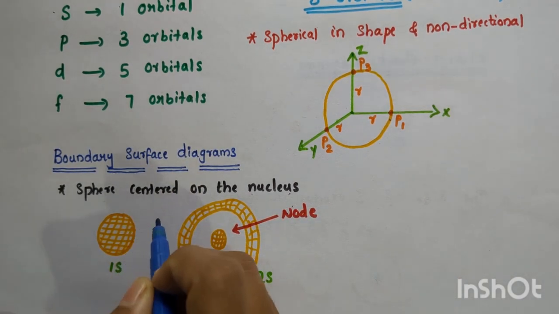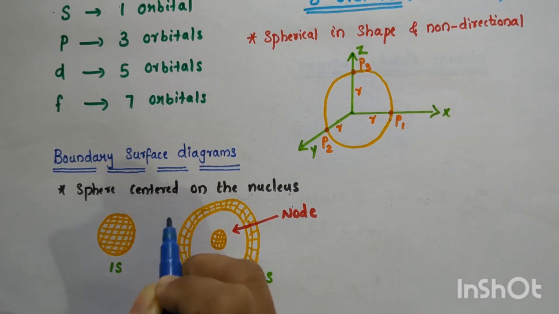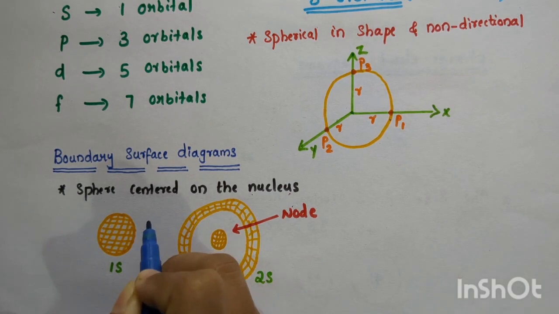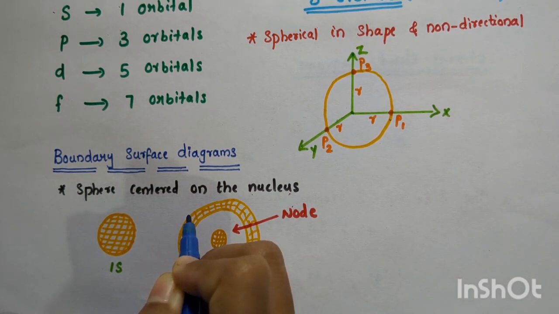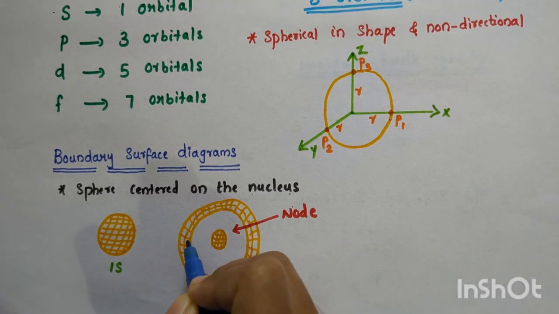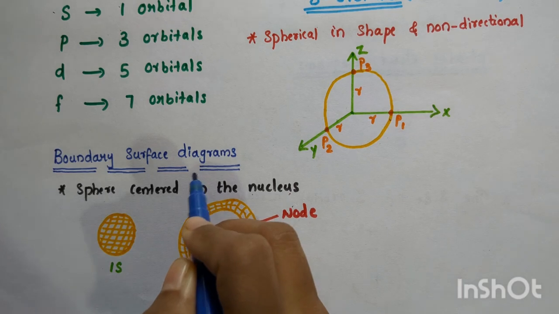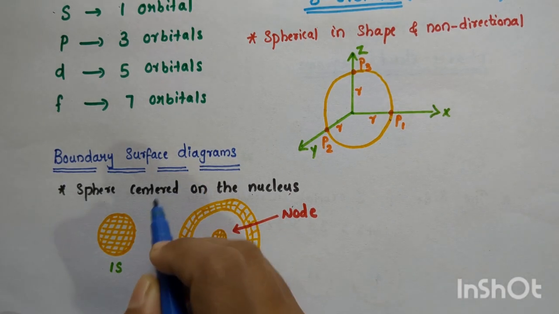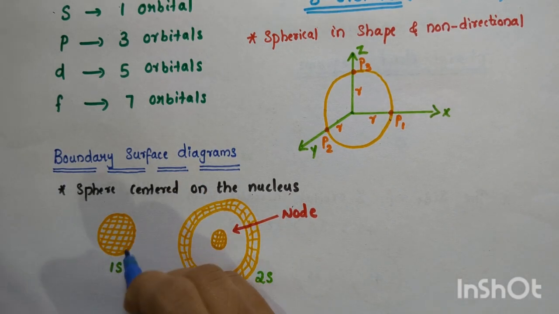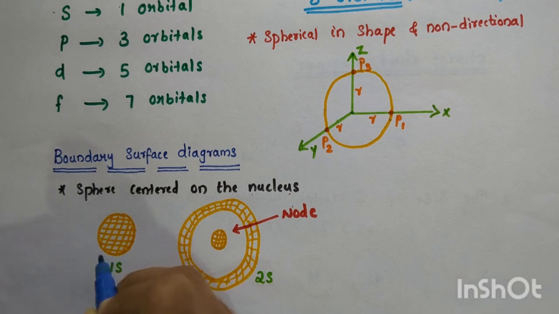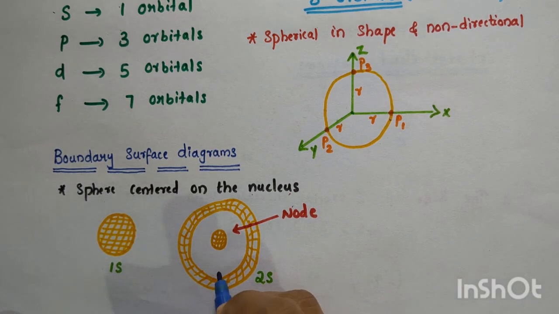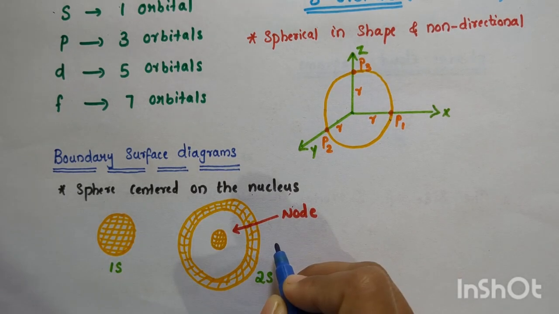They help visualize the distribution of electrons in orbitals and how they occupy space around the nucleus. The boundary surface diagram for an s orbital is a sphere centered on the nucleus. The boundary surface diagrams for 1s and 2s orbitals are spherical in shape, as shown in these two figures.